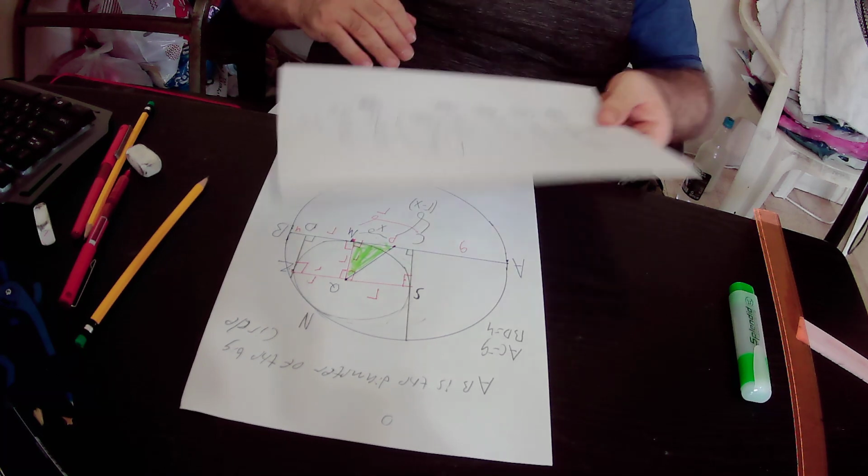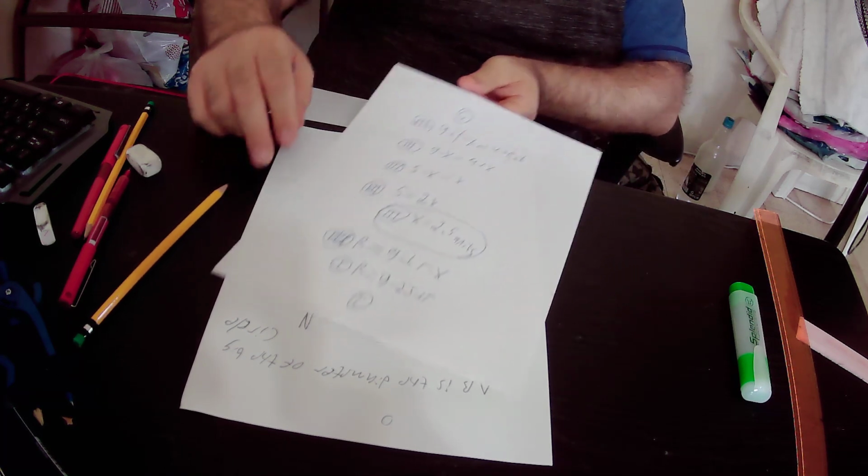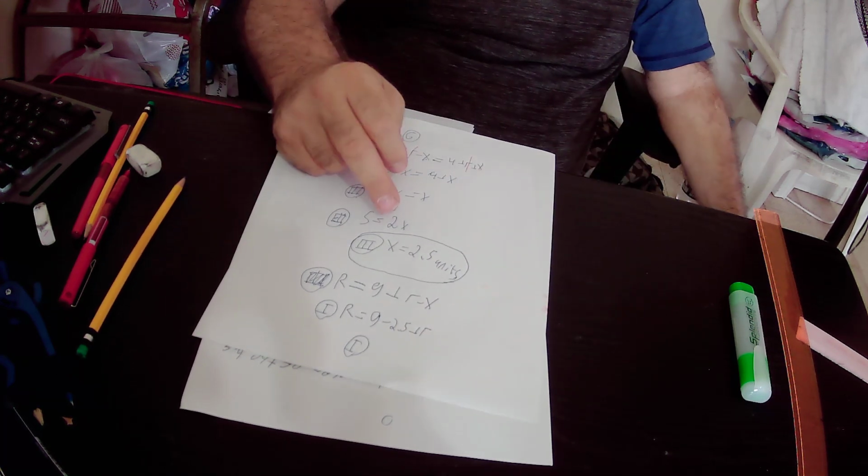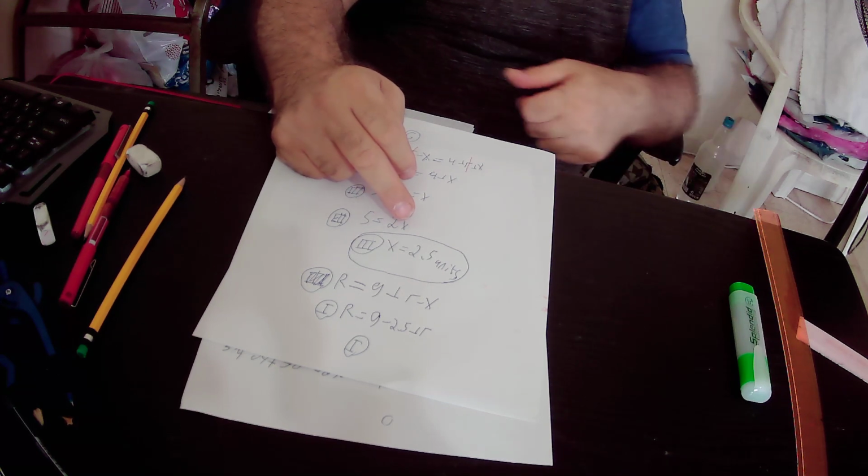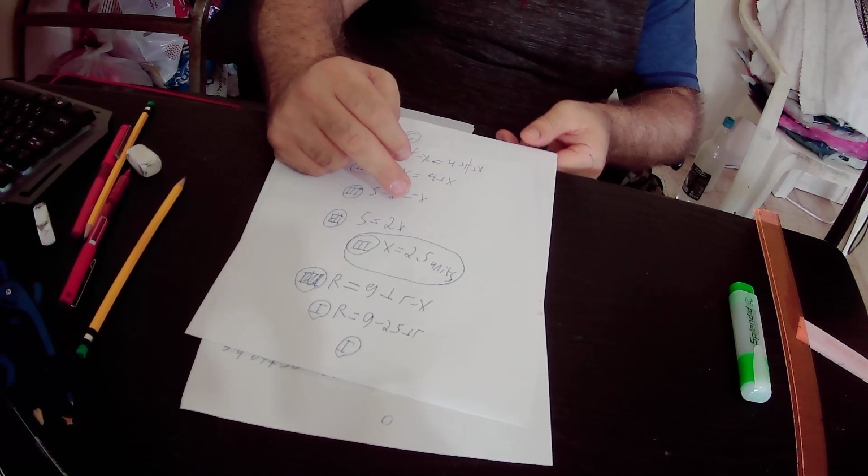And from equation number 3 we found that the value of x equals 2.5 units.